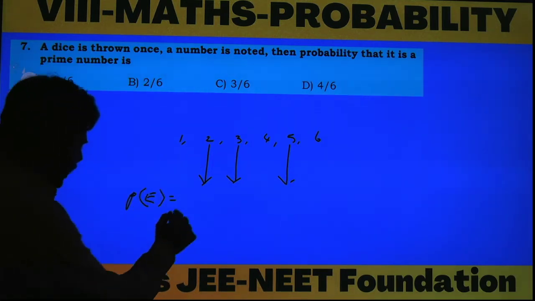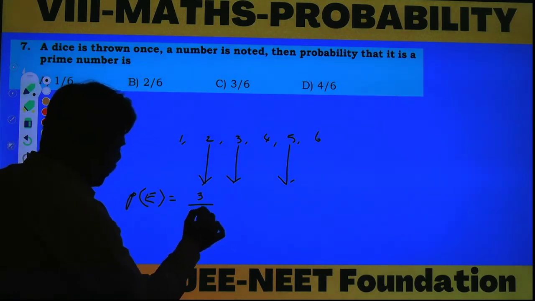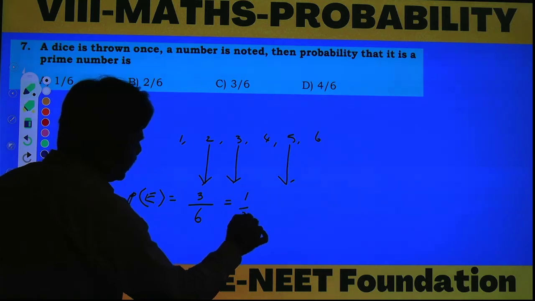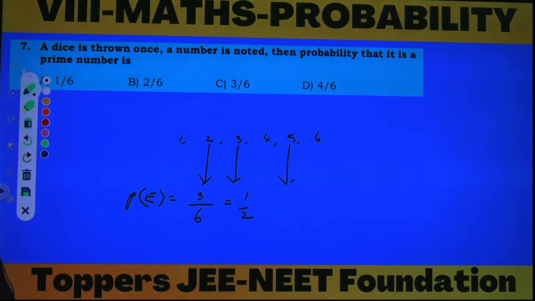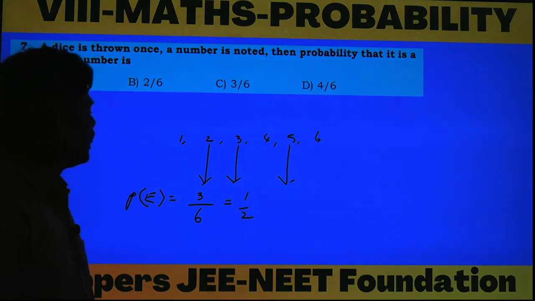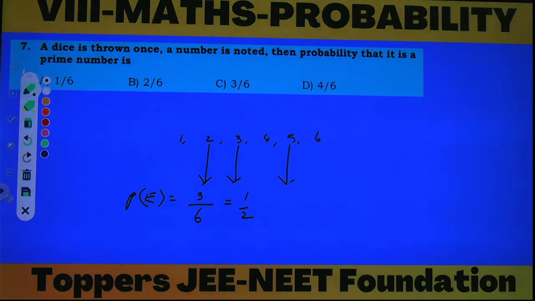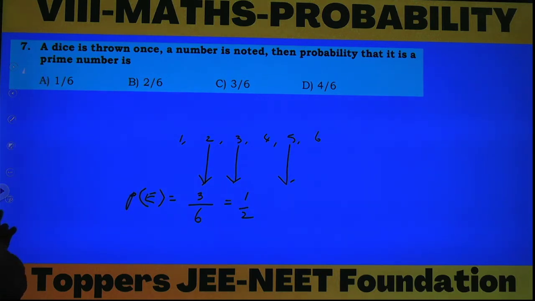Therefore, there are 3 favorable outcomes by the total number of outcomes 6. 3 by 6, that is 1 by 2. 1 by 2 is the correct answer, or 3 by 6. Option C is the correct answer. Next question.